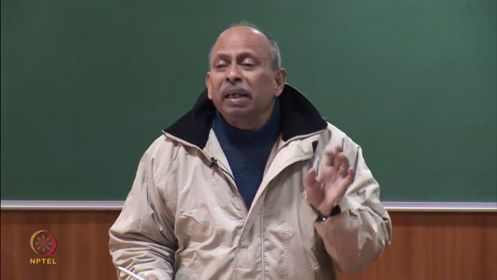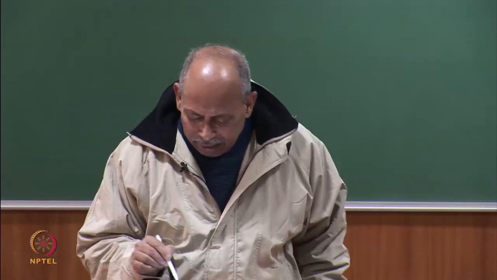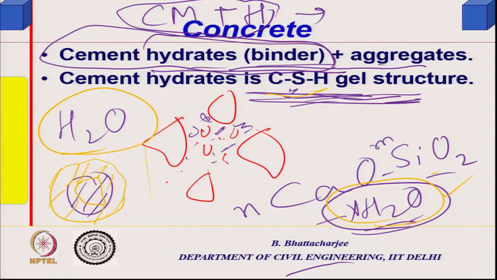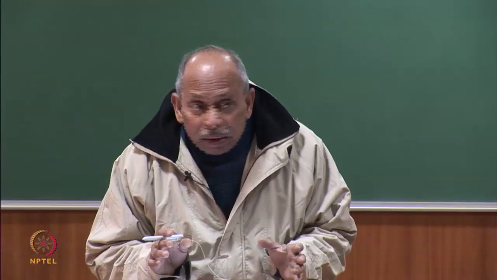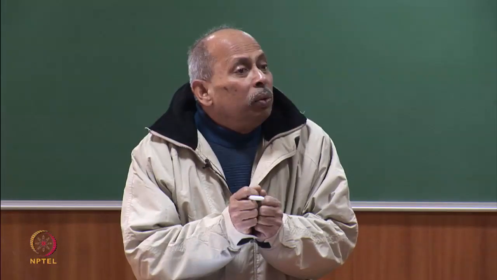Beyond 100 degrees centigrade, at 110, 200 degrees centigrade, this water is actually chemically bound, water of crystallization. It starts actually getting disintegrated. It goes out from the CSH system, they are disintegrating themselves, and once it goes out from the CSH system, it starts losing its own binding property.